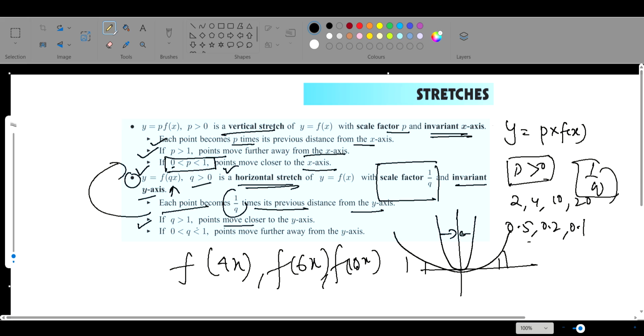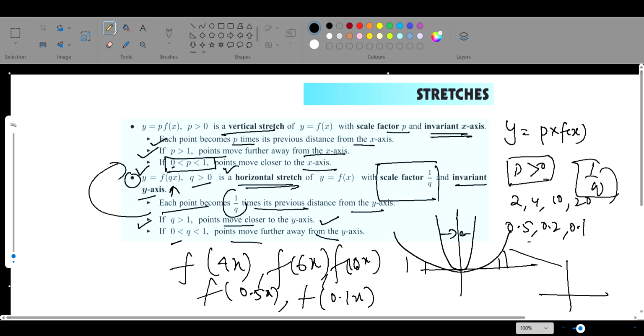If q is greater than 1, the point moves closer to the y-axis, like 4x, 6x, or 10x. Similarly, if q is between 0 and 1, for example f(0.5x) or f(0.1x), it moves further away from the y-axis.